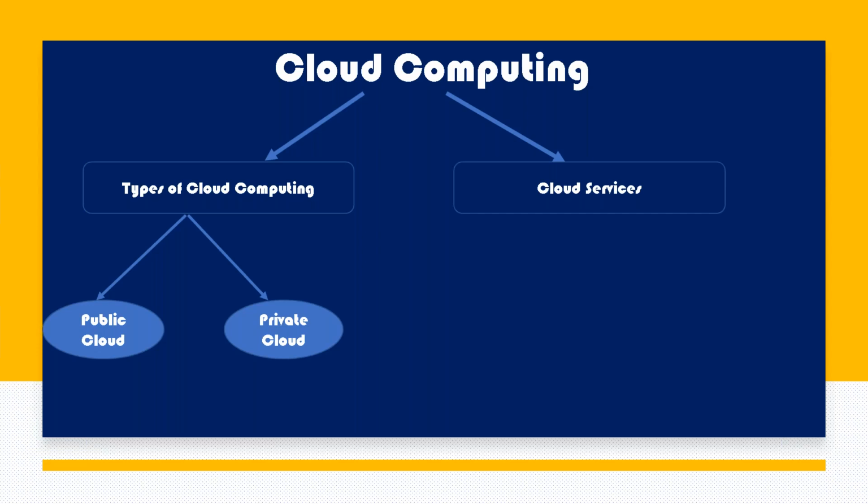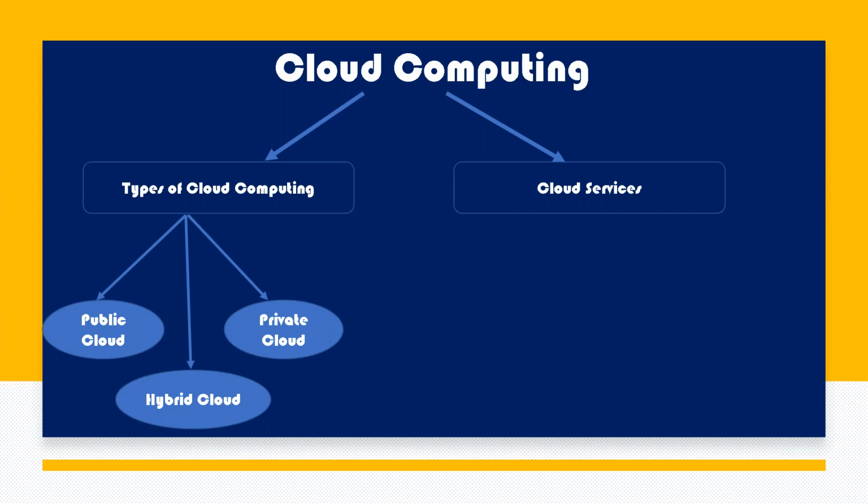Another one is the hybrid cloud. Hybrid is a combination of both public and private. Some of the information I keep in my on-premises private cloud, and some of the data I keep in my public cloud account. So hybrid cloud is a combination of public and private.